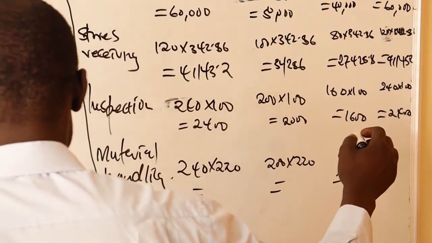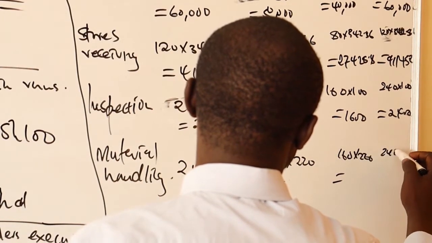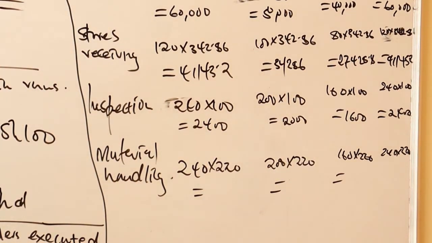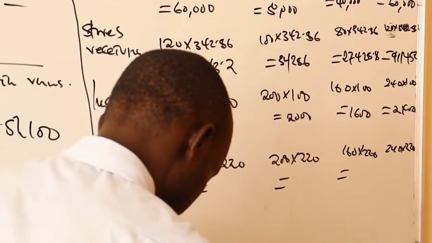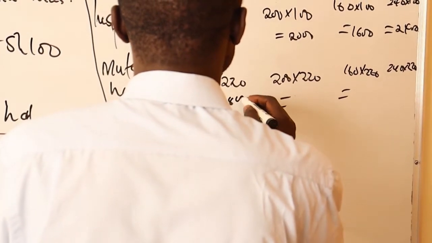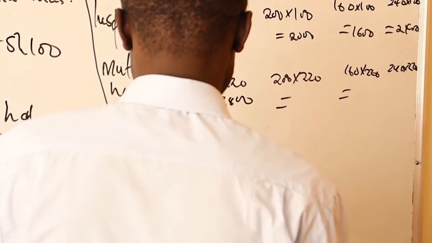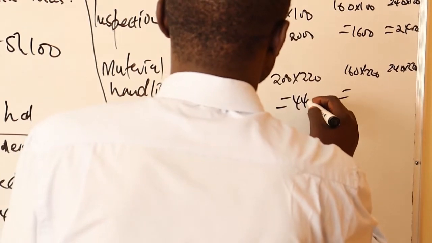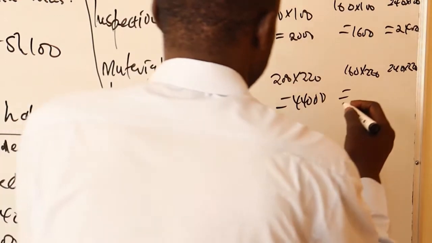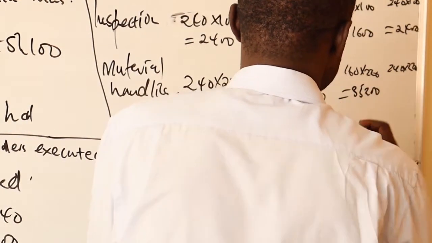And lastly, 240 times 220. So we're going to multiply that. The first one is 52,800, then 44,000, then 35,200.